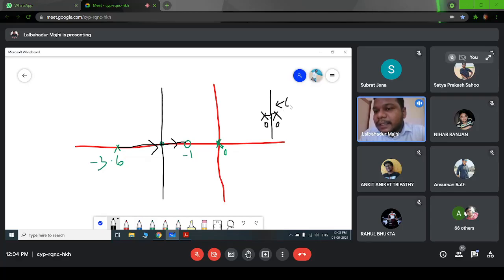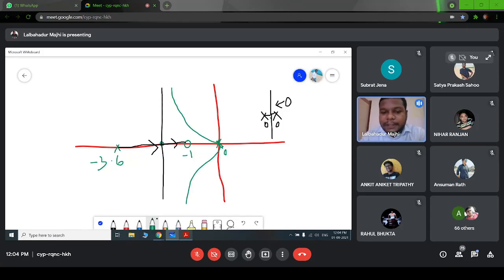We have calculated the breakaway point is also 0. So we can draw the root locus like this one, because these branches will follow these two asymptotes. Or you can draw the root locus like this one also.